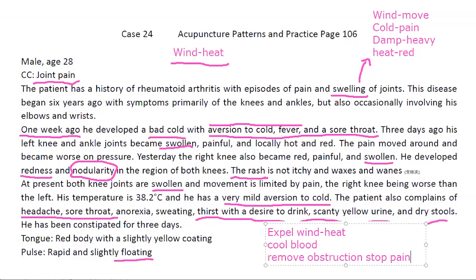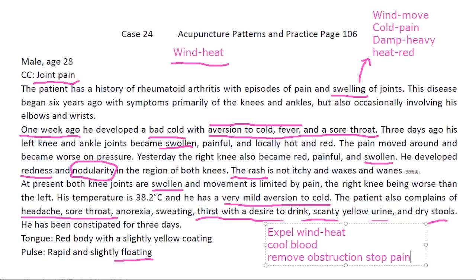Liver 2, gallbladder 35, bladder 63, yes. Stomach 34, good. Spleen 10, gallbladder 34, stomach 25. Yeah, Dubi, I think that's the location of Dubi. Okay, yeah, that's good.